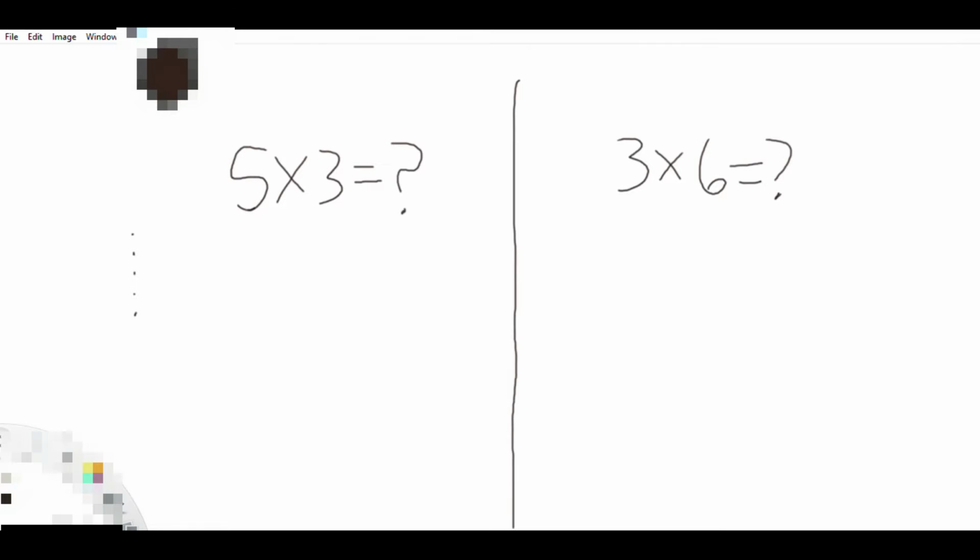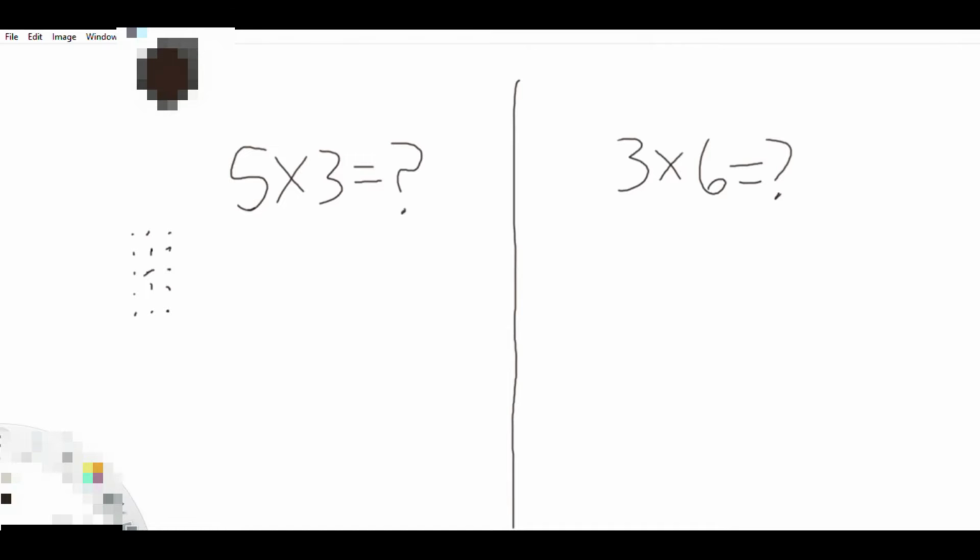So that's 5, and now this is 5, and now we need 3. 1, 2, that's 3. And the important thing about the array is, for now, let's first finish this.